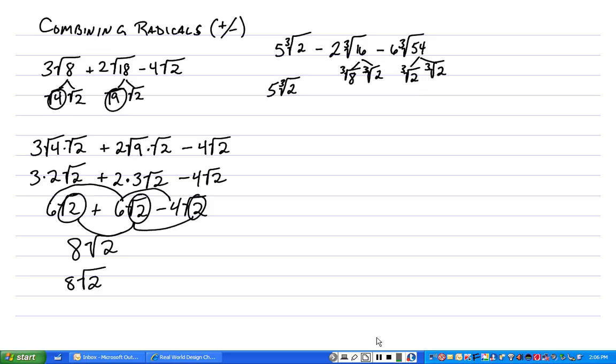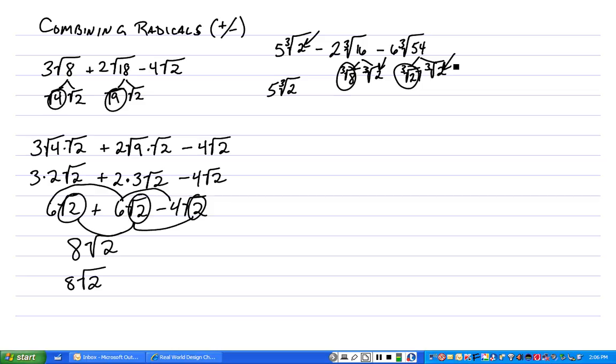Oops, didn't mean to write that 2 there. I wrote it over there. Okay, so now I say 54 divided by 2 is 27, and 27 is a perfect cube. So now I'm in good shape, because now I have a perfect cube here, perfect cube there, and I have my cube root of 2's in common now.